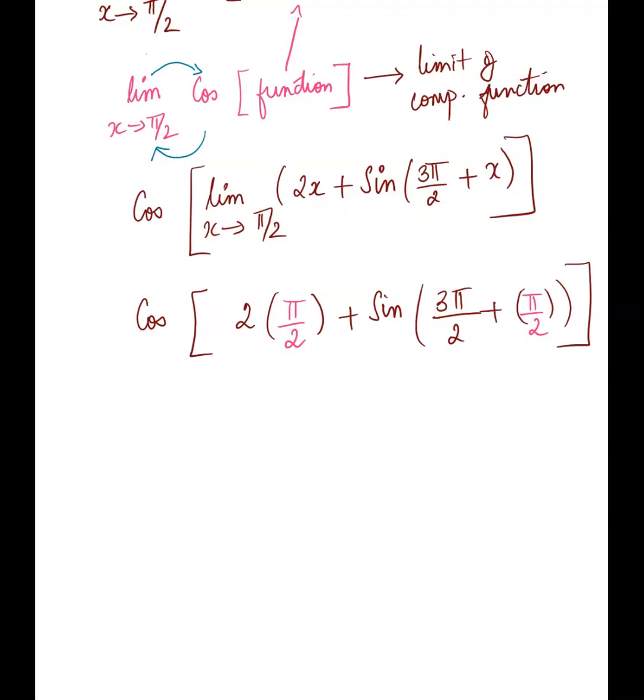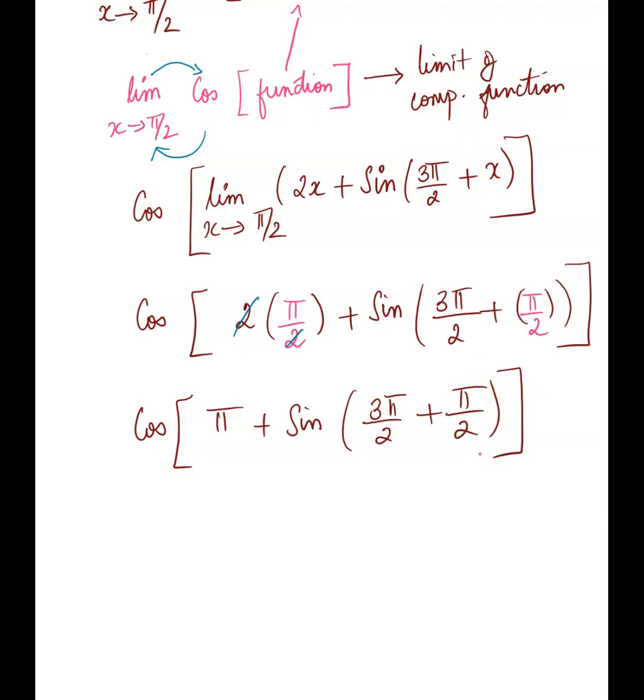It's so important to know how the parentheses work, because then we know how they are grouped. The 2's here cancel off, leaving us with pi plus sine. This is 3 pi over 2 plus pi over 2. They have the same denominator, so add them. That will be 4 pi over 2, which reduces to 2 pi.